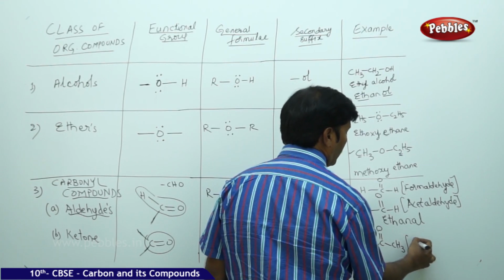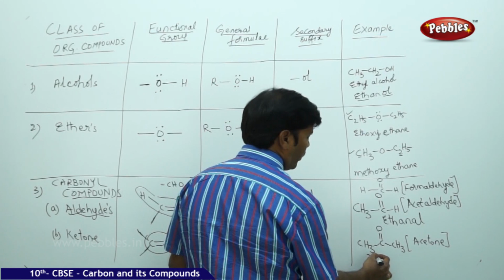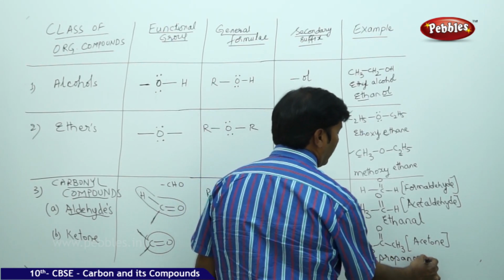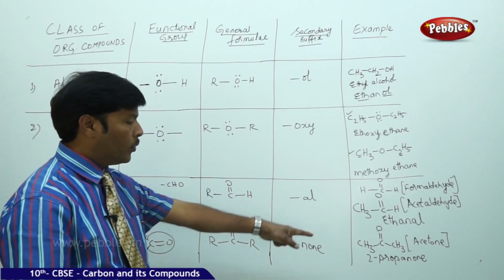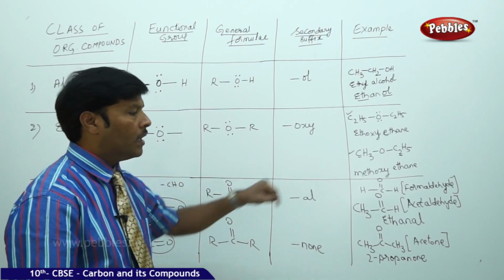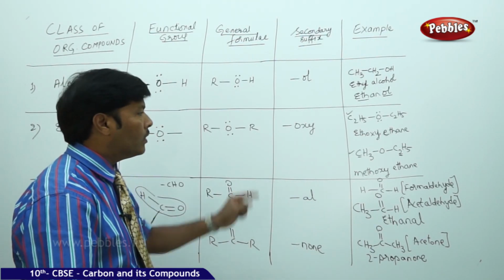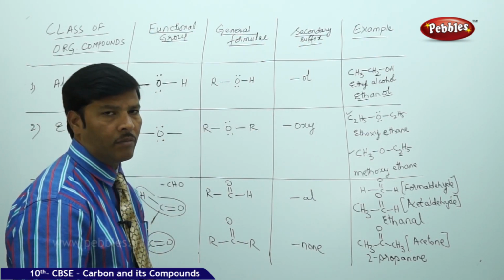You can call it acetone, or 2-propanone. 2-propanone is the IUPAC name. Ethanal is the IUPAC name. Methoxyethane is the IUPAC name. Ethoxyethane is the IUPAC name, and ethanol is also an IUPAC name.